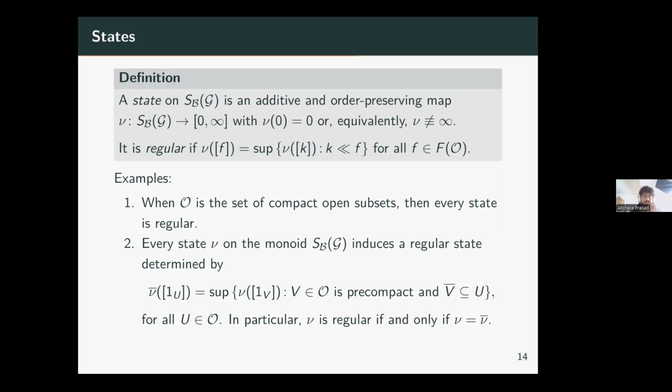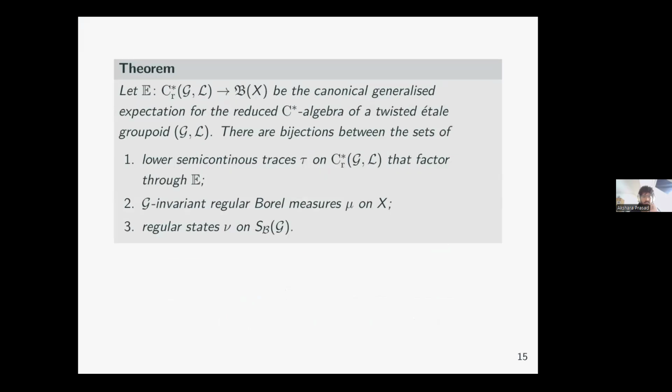Okay, how do we relate these two states on the C*-algebra? There's a bijection between lower semi-continuous traces on the reduced C*-algebra of the twisted groupoid, G-invariant regular Borel measures on the unit space of the groupoid, and regular states on the type semigroup.